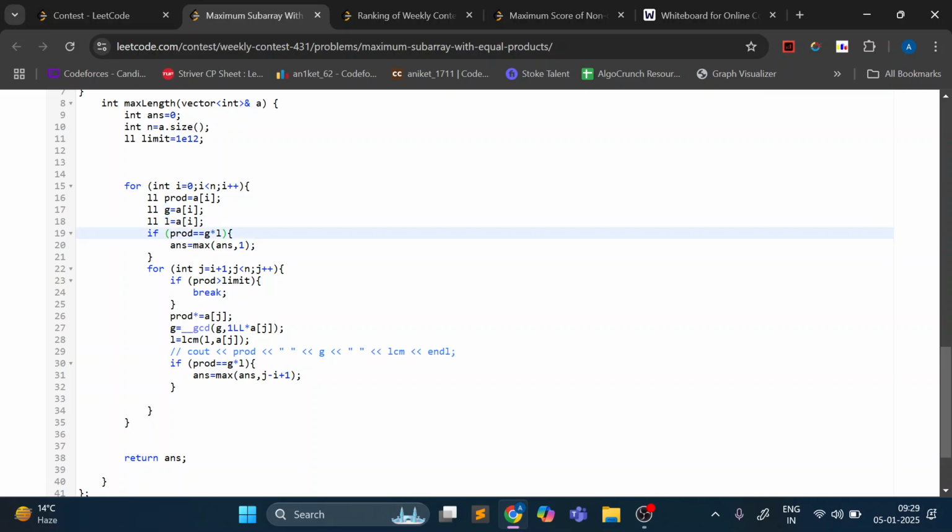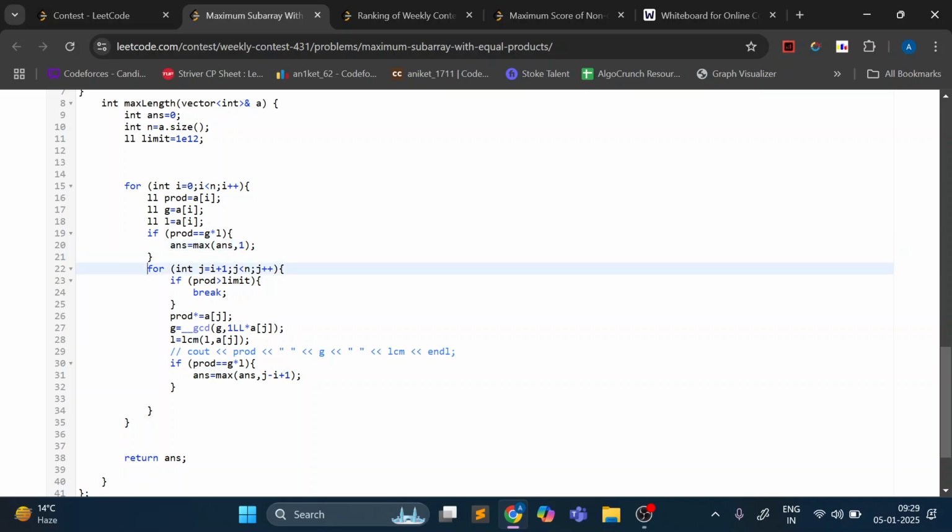Now, if this is equal, the condition is matched, then we just make the answer equal to 1, because the element i itself can also form a subarray. So we just consider 1 as our answer.